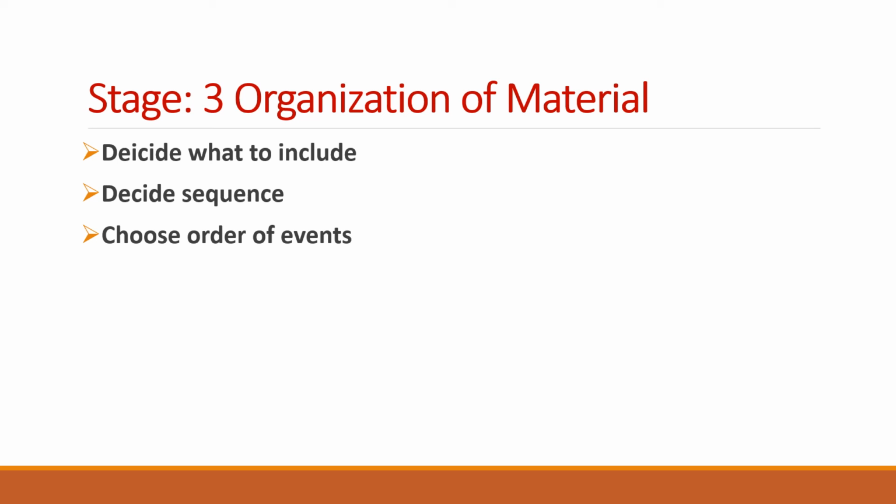The next point is to choose the order of events. If there are different events that have taken place and you need to concentrate on them in the report writing, then it is upon the report writer to make a reasonable decision to put the things in a logical order, that is, what is the event that should be put first, and what is the one that should be put at the end.